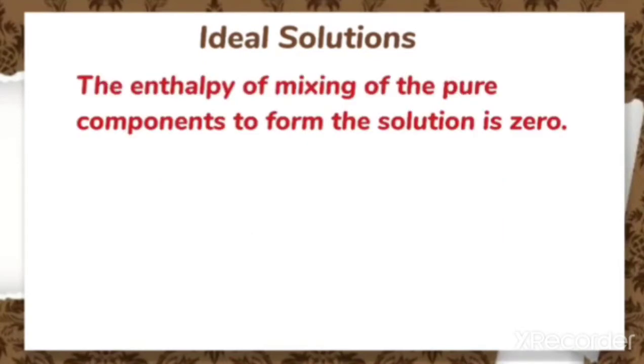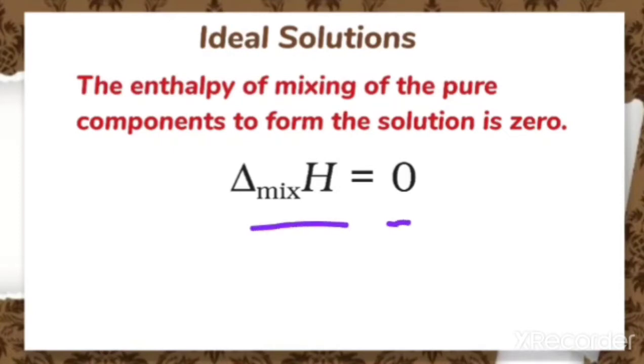First, the enthalpy of mixing of the pure components to form the solution is 0. That means the enthalpy of mixing for the two pure components A and B to form a solution is equal to 0. Enthalpy is represented by H, and delta H is the enthalpy of mixing, equal to 0.